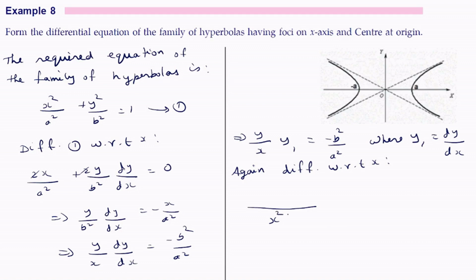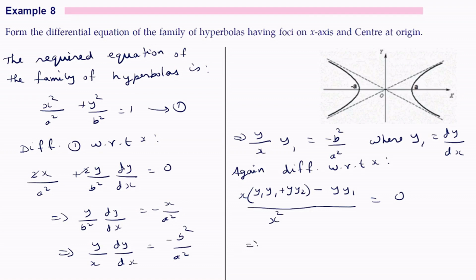Denominator is x, so it is x square. Then x into, we have to differentiate the numerator: y1 into y1 plus y into y2, that is the second derivative of y, minus y1. This is equal to 0.